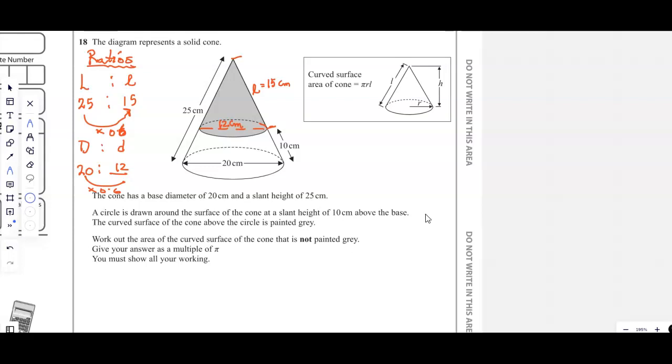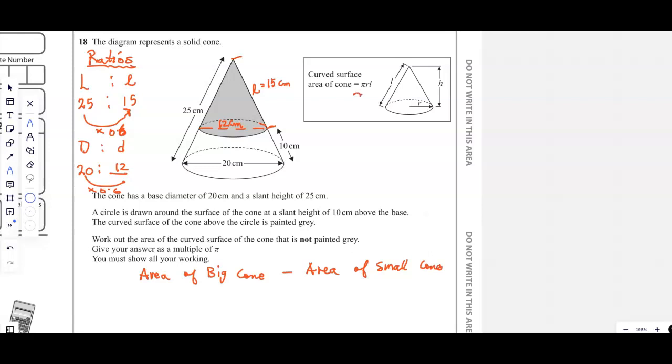Now we have enough information to work out the area of the part of the cone that is not painted in gray. It's going to be the area of the large cone minus the area of the small cone.